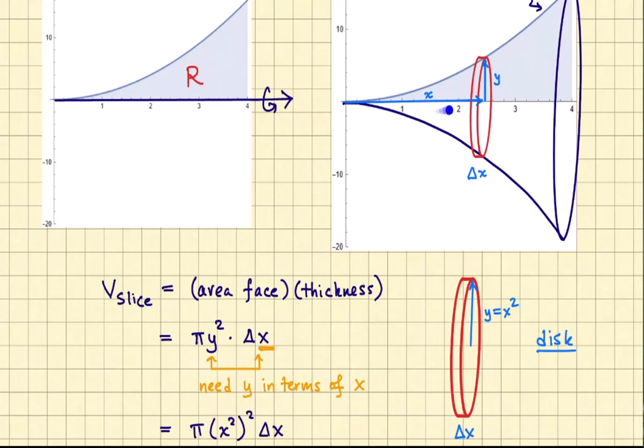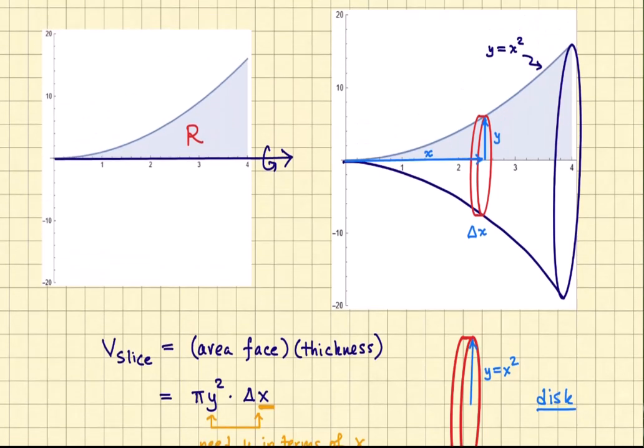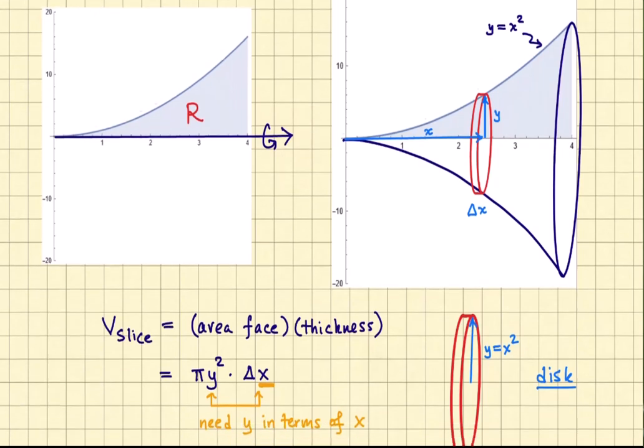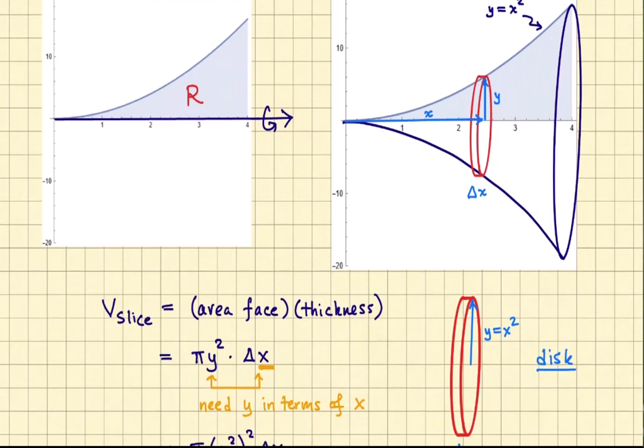But if you give me an x, we can find the corresponding y. And notice this y is not random, but rather it's following this curve y equals x squared. And so here we see if the radius is y, then pi times the radius squared times delta x is going to be the volume of our slice. And now we want to read our keys. Since the thickness is delta x, we know we have to have the rest of the things in terms of that variable.